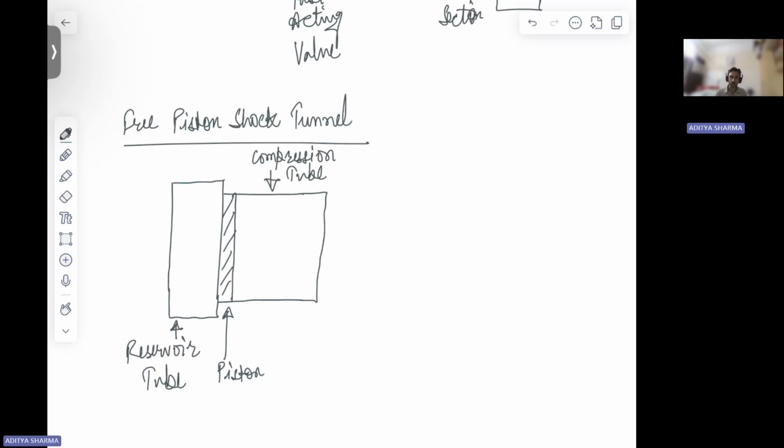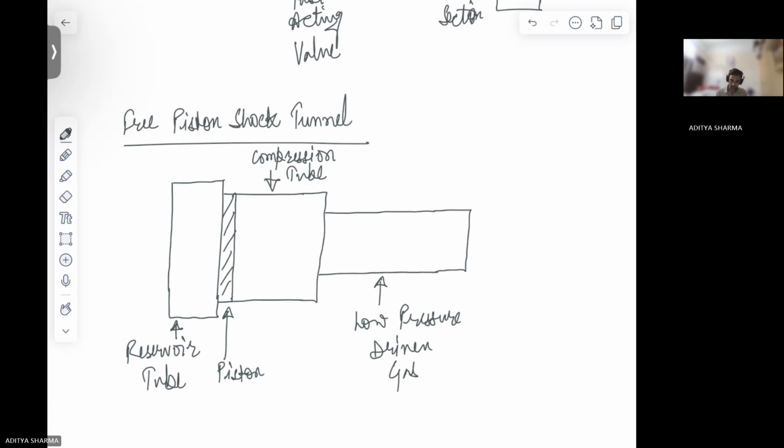This is your compression tube. Then we have low pressure driven gas. Then we have nozzle. Then we have test section.